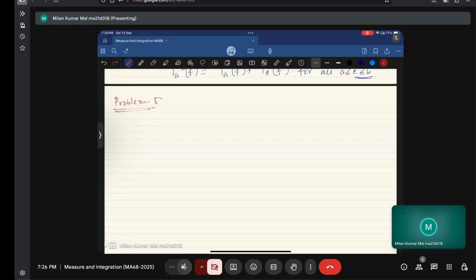Let f from a to b to R be an absolutely continuous function.